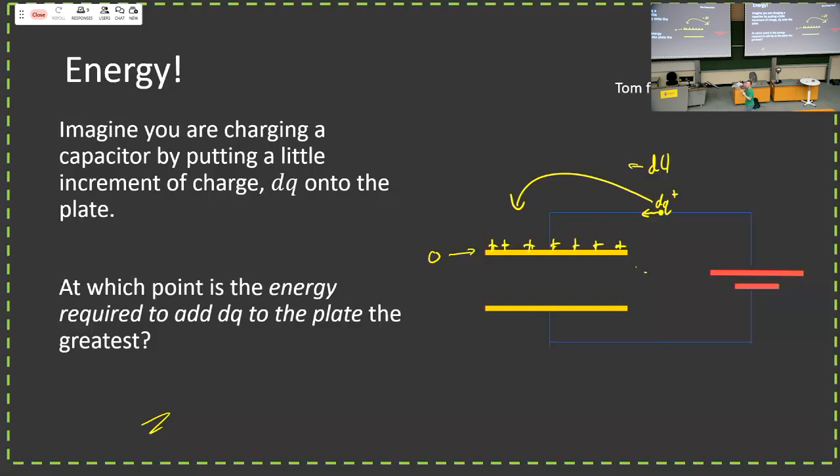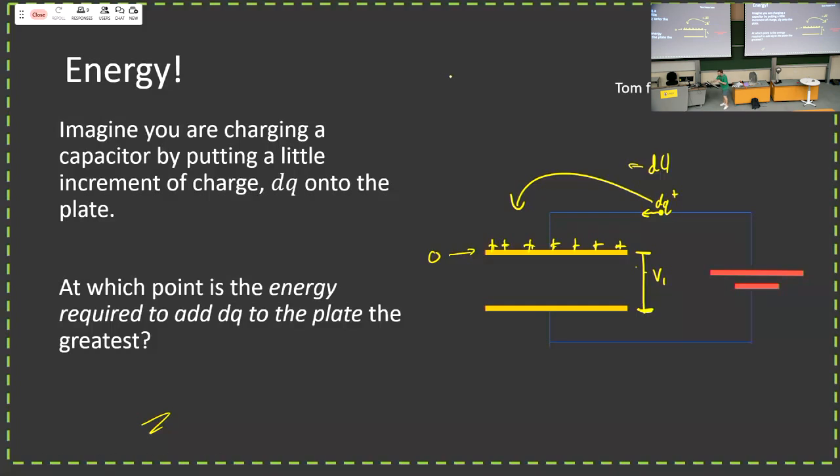As you add more and more charge to this distribution, it becomes more and more energy intensive to add more charge. And we can think of it another way. Let's imagine the voltage between these two capacitor plates is some voltage V1, and we could work out using C what that voltage is.